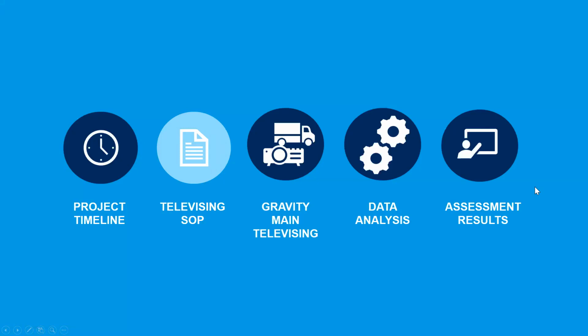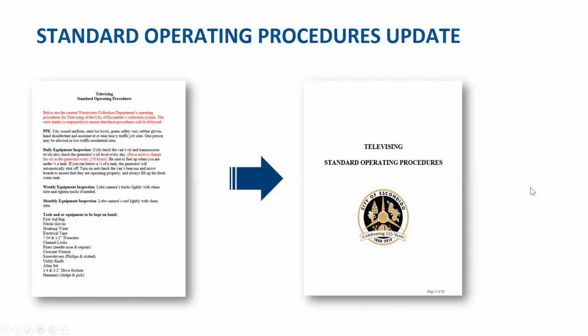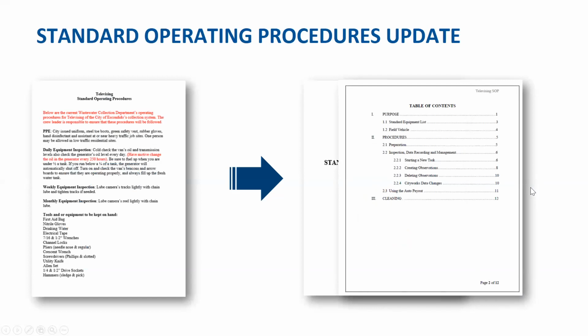So now let's jump to standard operating procedures. As we know, when employees follow an updated SOP for really any particular job, they produce a product or execute a service that is consistent and predictable, unlike when it is not up to date.